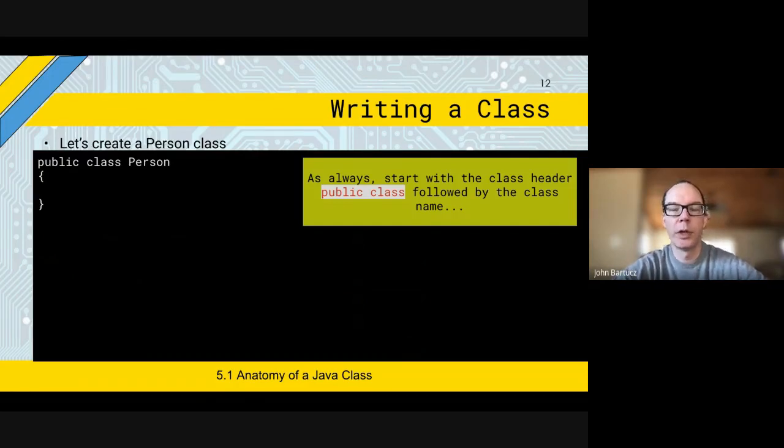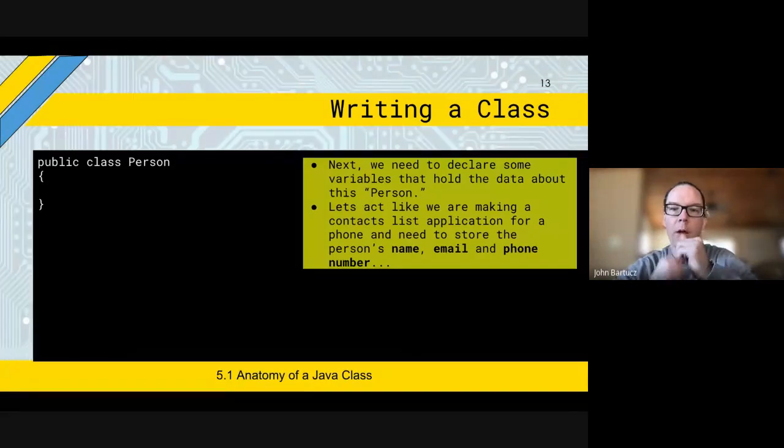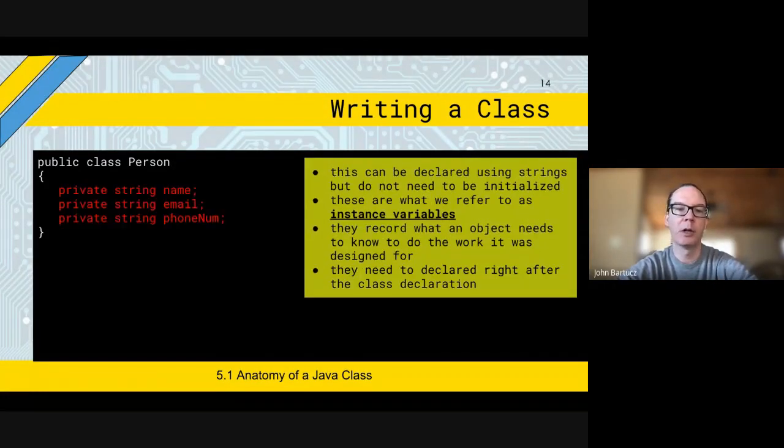So let's create a person class. Again, we're always going to start with public class and then the name that is capitalized. So we want to store some variable about a person. So we're going to make properties or attributes for that person. So in this example, we're going to make a contact list. So we need their name, their email, and their phone number.